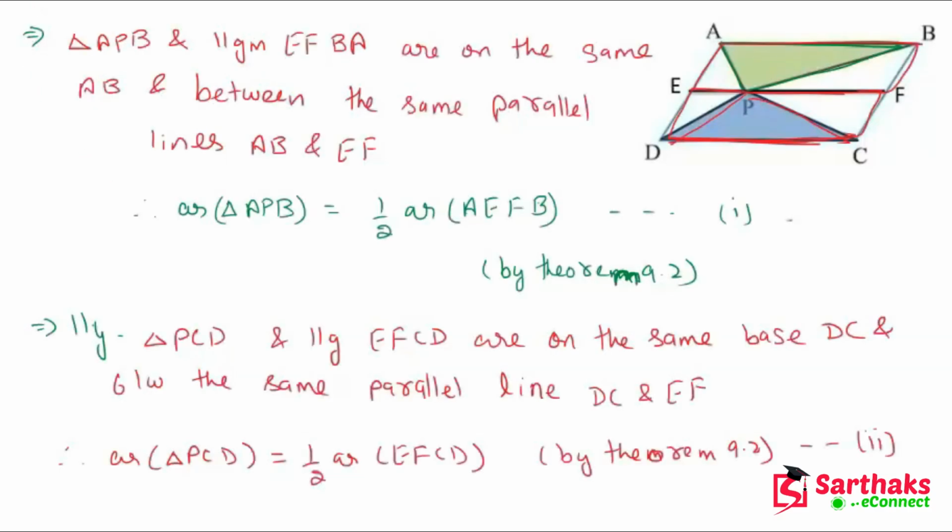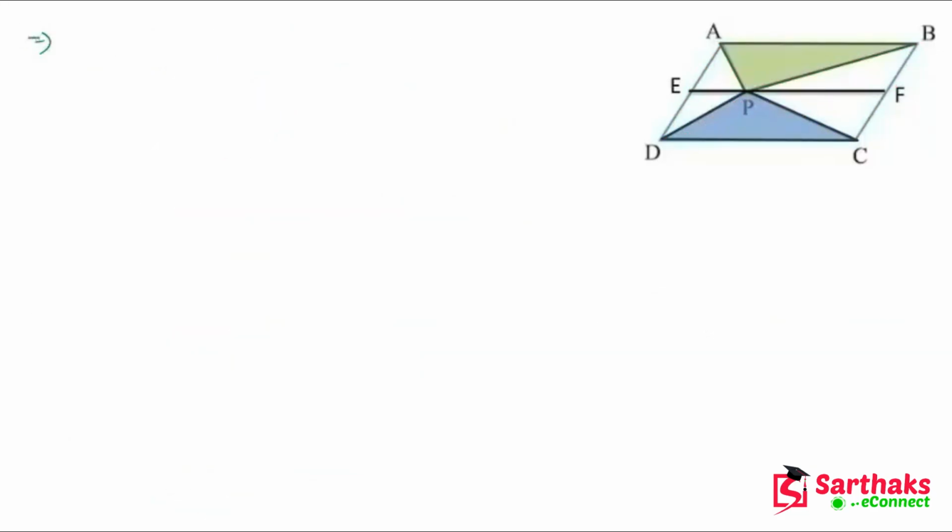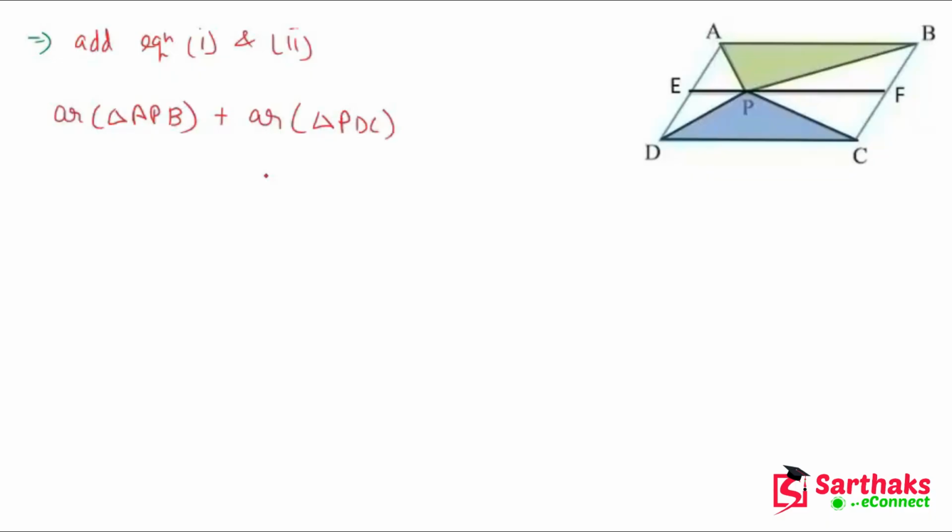Yes. So now if we add equation number 1 and equation number 2, we get area of triangle APB plus area of triangle PDC, which is equal to half of the area of parallelogram EFAB plus half of the area of parallelogram EFCD.